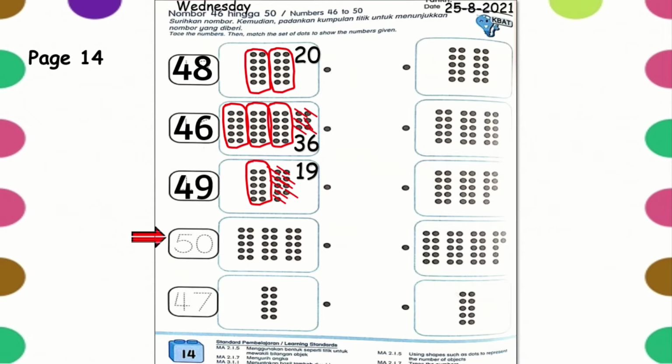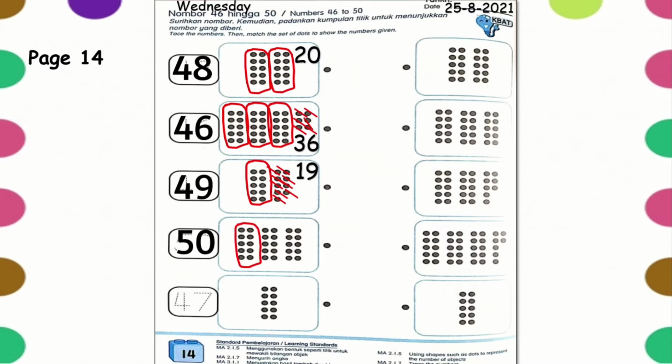Okay, the next one. 5 and 0. 50. Let's trace the number 50. Very good. So now let's count the dots there. So we have 3 complete sets of dots.